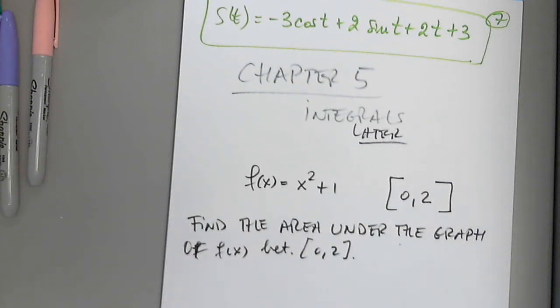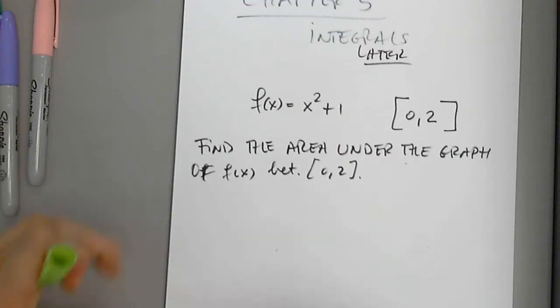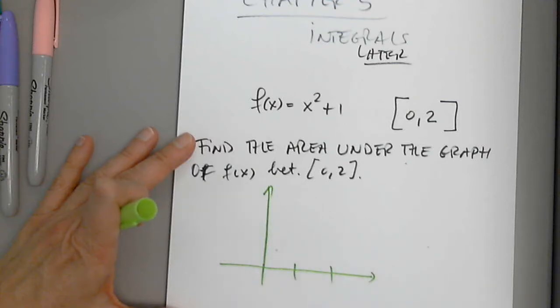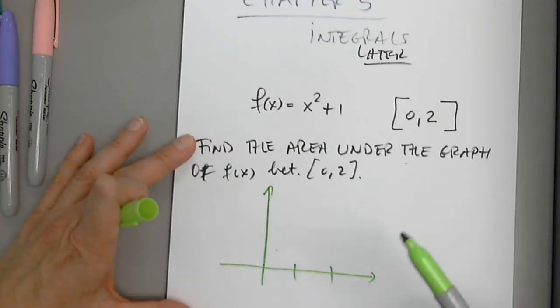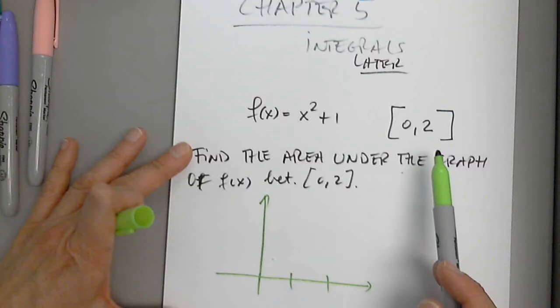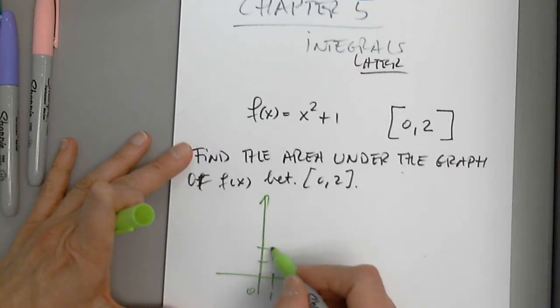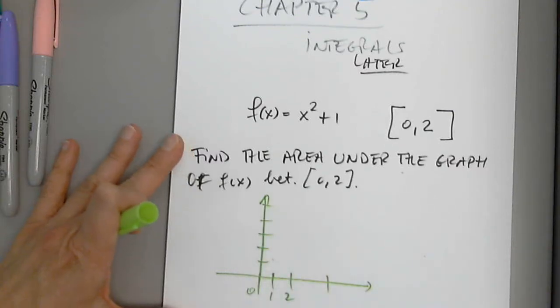I want a graph to see what we're facing. So this is 0, 1, and 2, and 1, 2, 3, 4, 5.